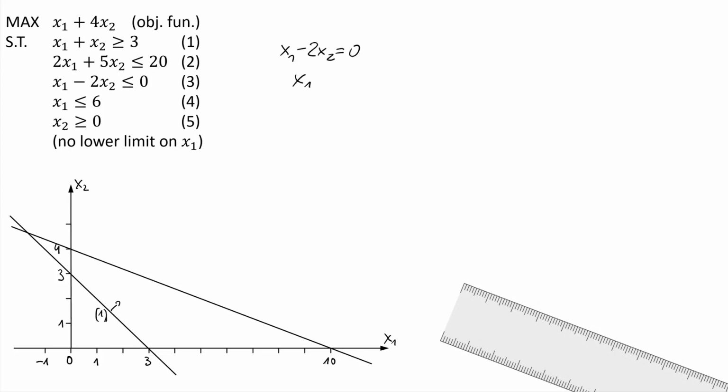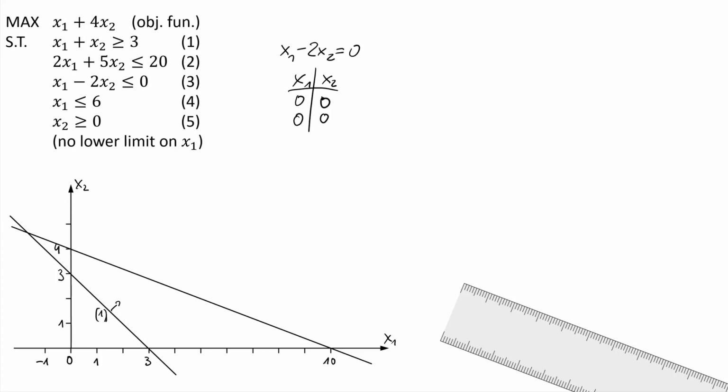If you try our standard way of putting 0 for x1 and determining x2, you will see if x1 is 0, 2x2 must be 0, so x2 is also 0. And then, of course, if you try x2 equals 0, then you'll find x1 is equal to 0. Actually, you determine the same point twice. So that's not what we want.